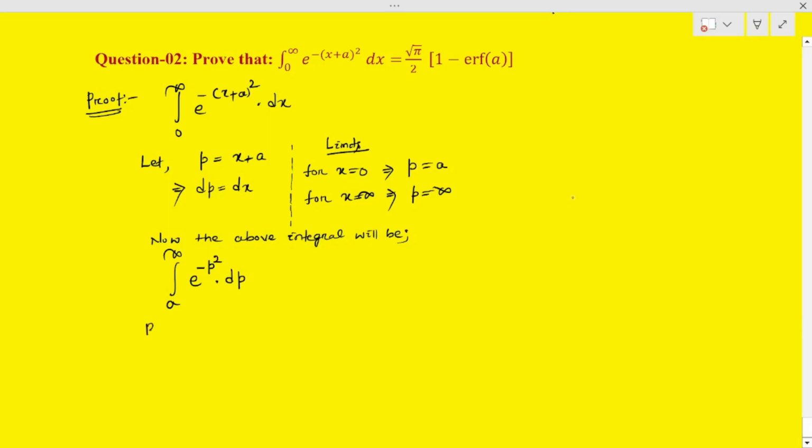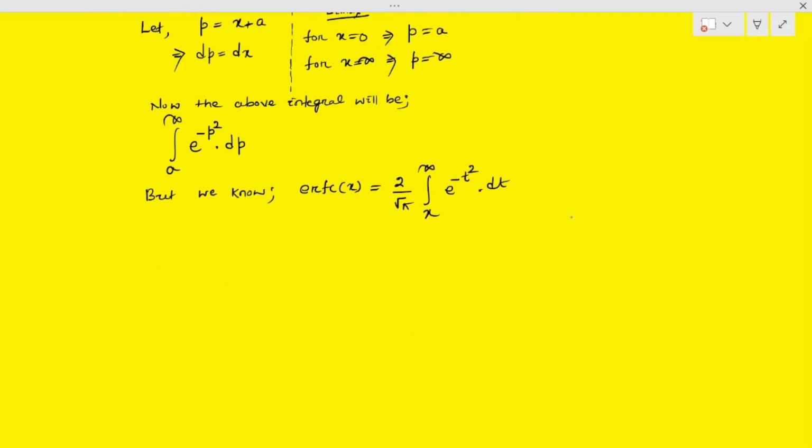But we know the complementary error function of x is 2 by root pi integral from x to infinity of e to the power minus t square dt.